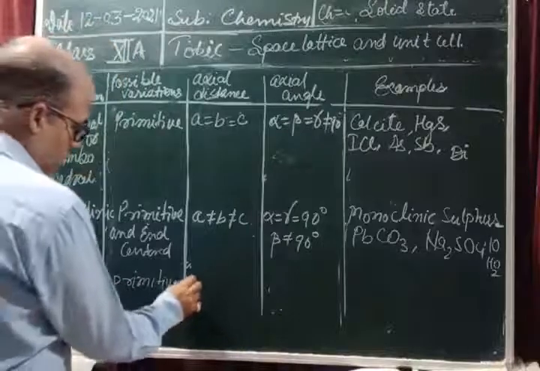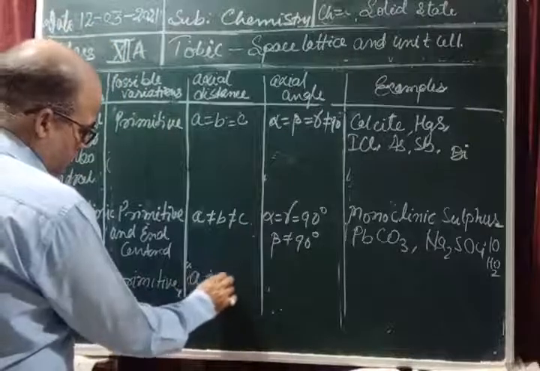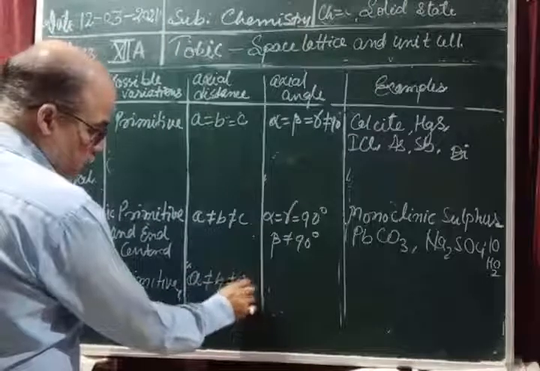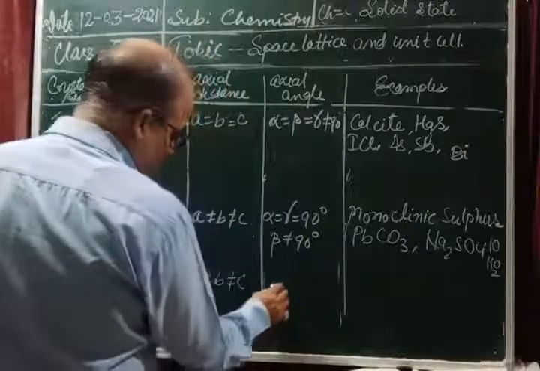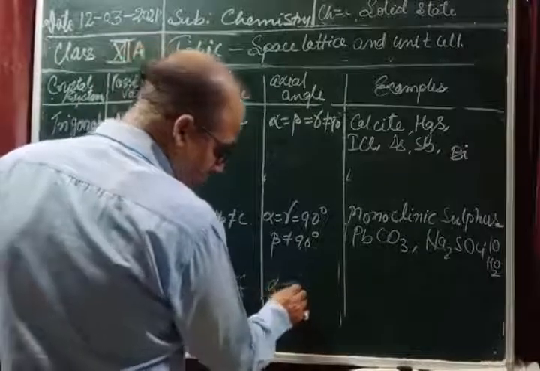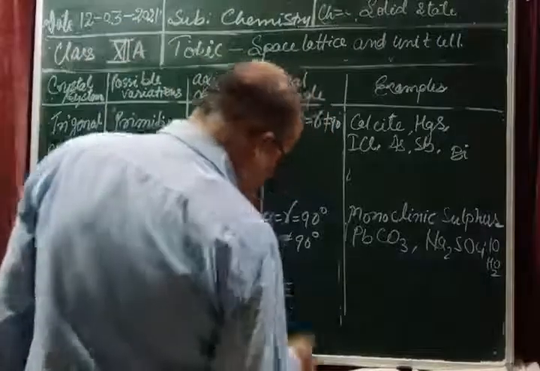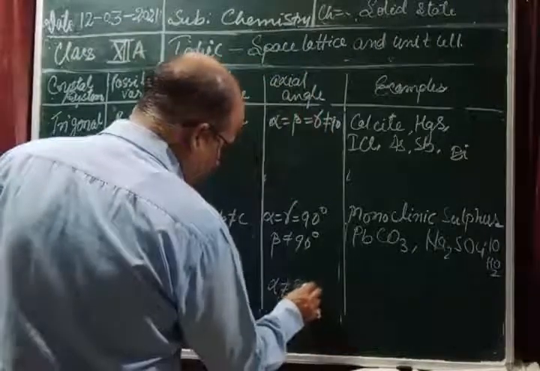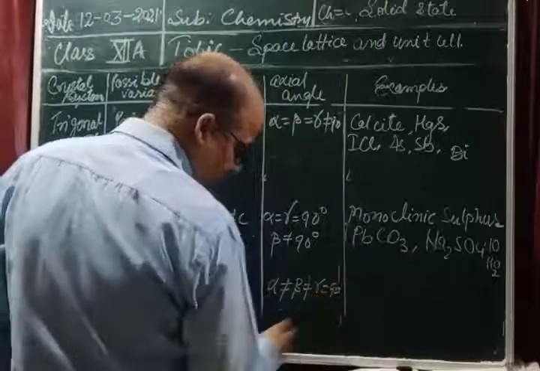Here A is not equal to B, not equal to C, and alpha is not equal to beta and beta is not equal to gamma, not equal to 90 degree.